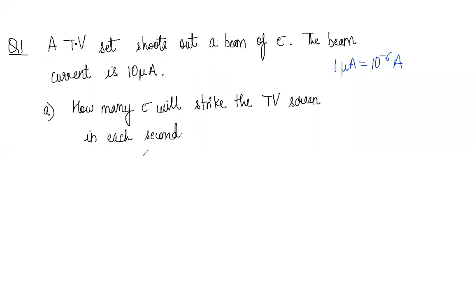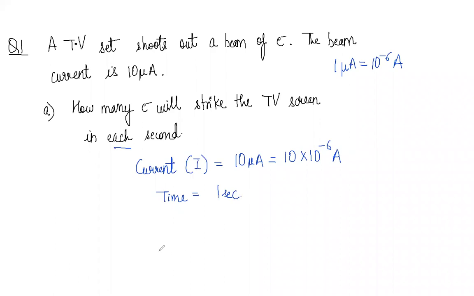So the current I is equal to 10 microampere, which is 10 into 10 to the power minus 6 ampere. And the time is each second, meaning 1 second.